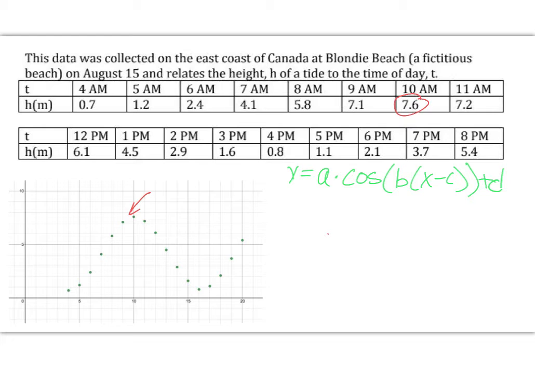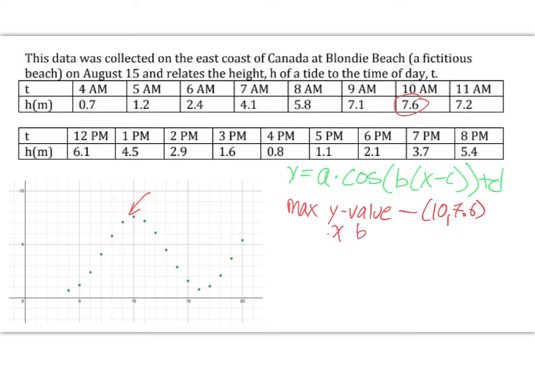Let's talk about what these pieces mean in terms of the parameters for my trig equation. Since I've already identified the max value, I'm going to call this the max y value. In this case, that's going to be at 10, 7.6.